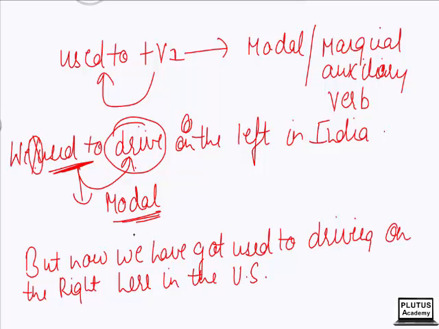See, now in this sentence, a form of be, or you can say a form of has, is present, which is followed by used to.